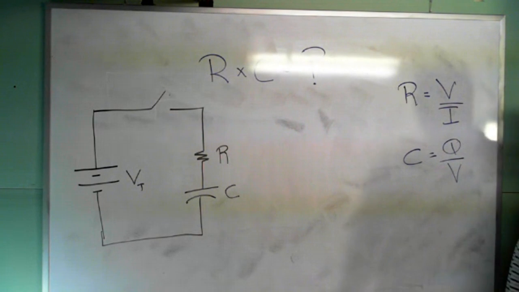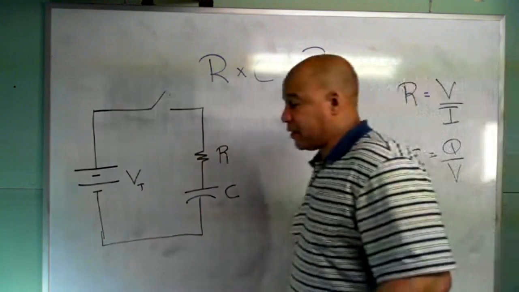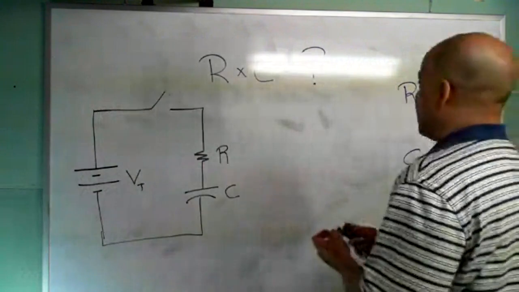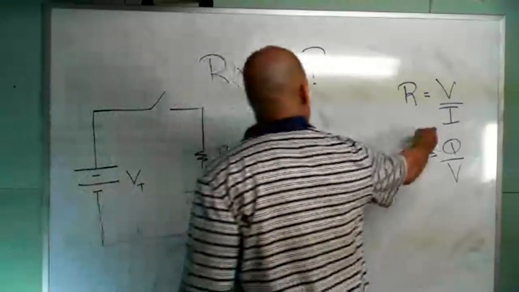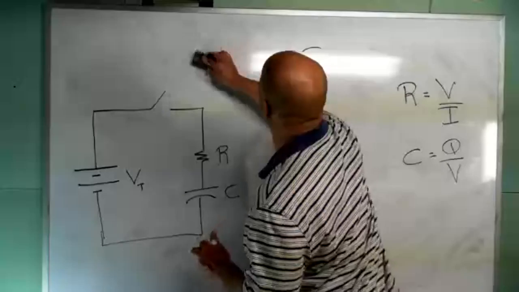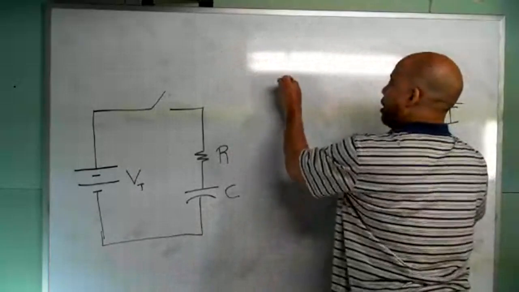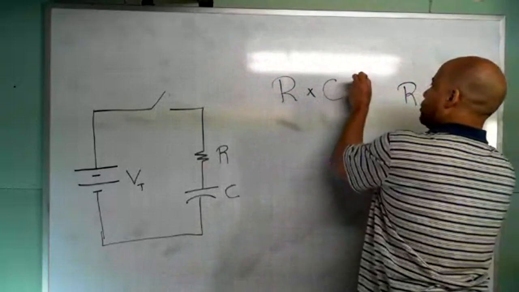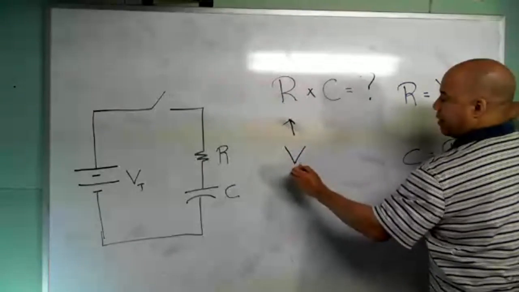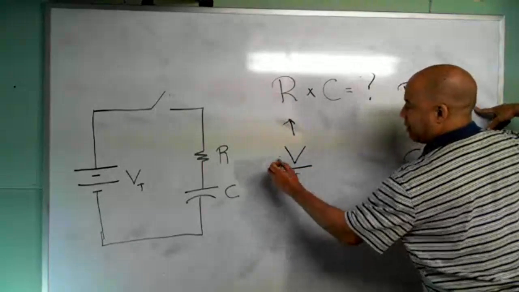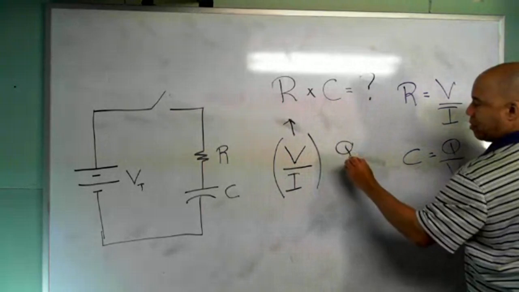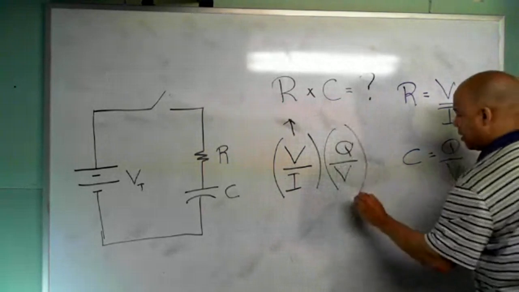We just learned that today. So knowing that, what I can do is substitute into this equation these values. R times C equals question mark. Well, that R right there from Ohm's law is equal to V on I. And then C is equal to Q on V, according to this.